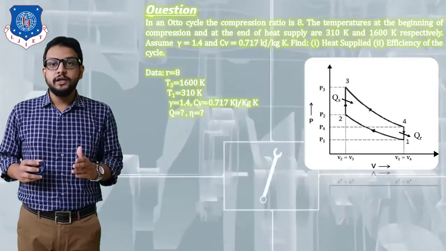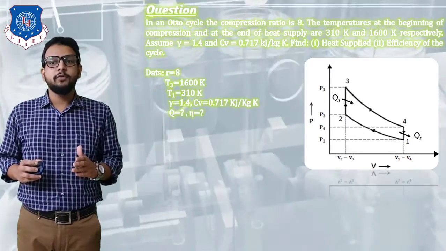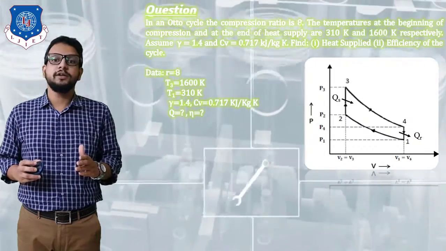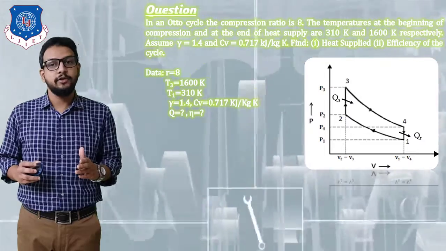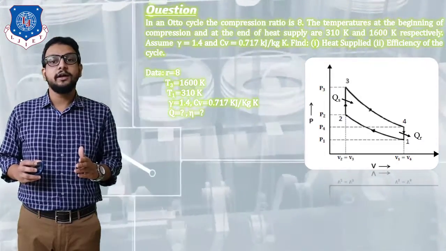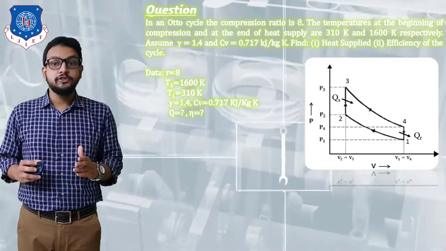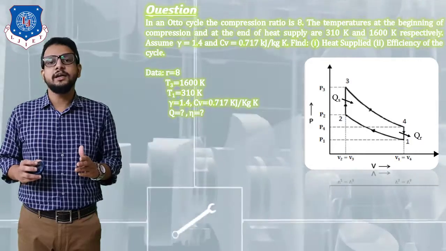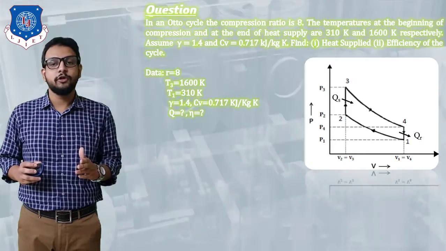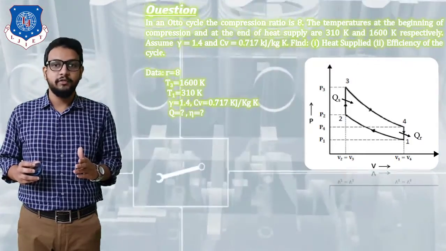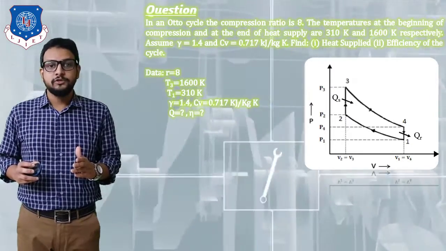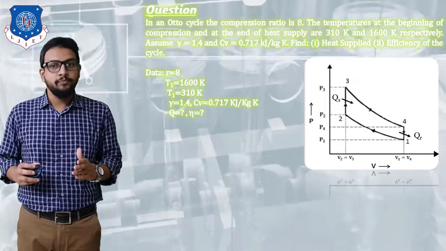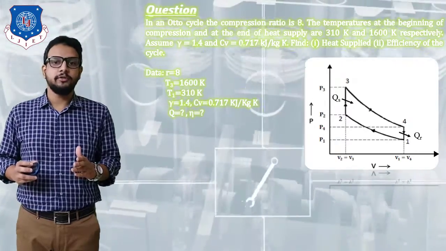Beginning of compression means point number 1, so temperature T1 is 310 Kelvin. Next, it is given at the end of heat supply, and you can clearly see that heat is supplied during the process from state 2 to state 3. So end of heat supply means point number 3, and temperature T3 is 1600 Kelvin.